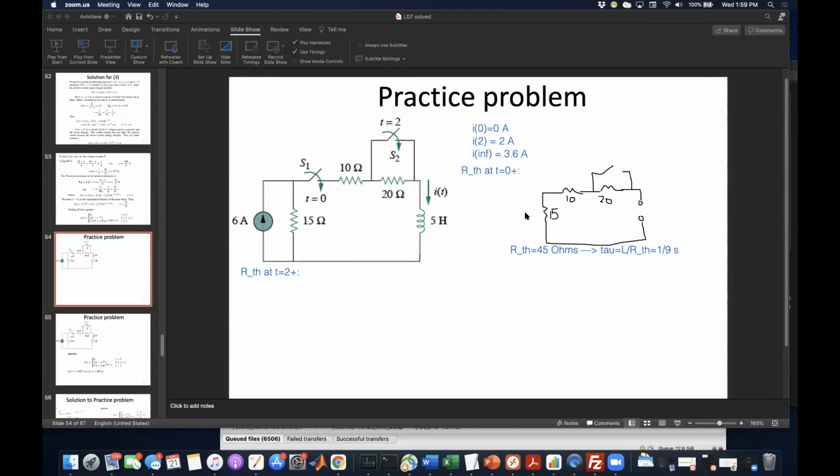You always calculate the impedance after the transient. So after the first transient, I just drew this as a connection because the first switch, S1, was closed at time equals 0 plus. Now we're looking at time equals 2 plus, so both of them are going to be closed.